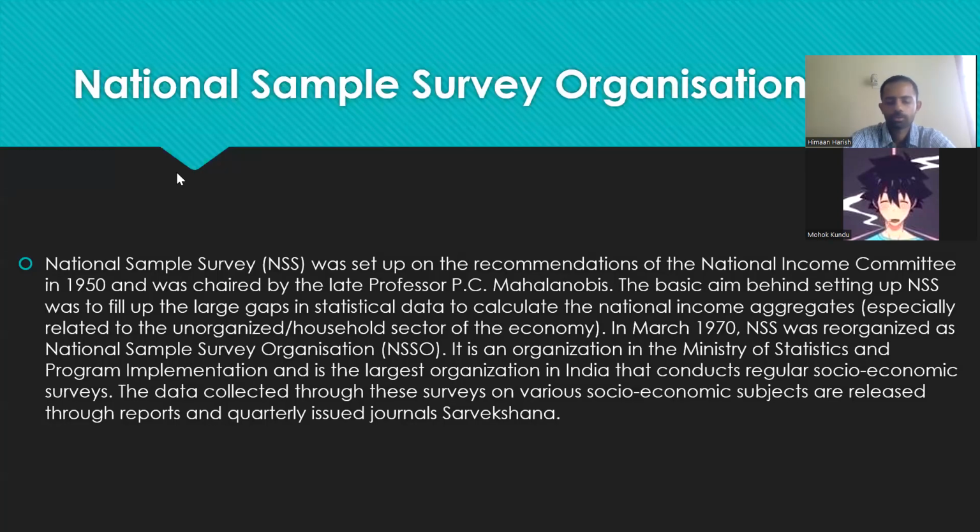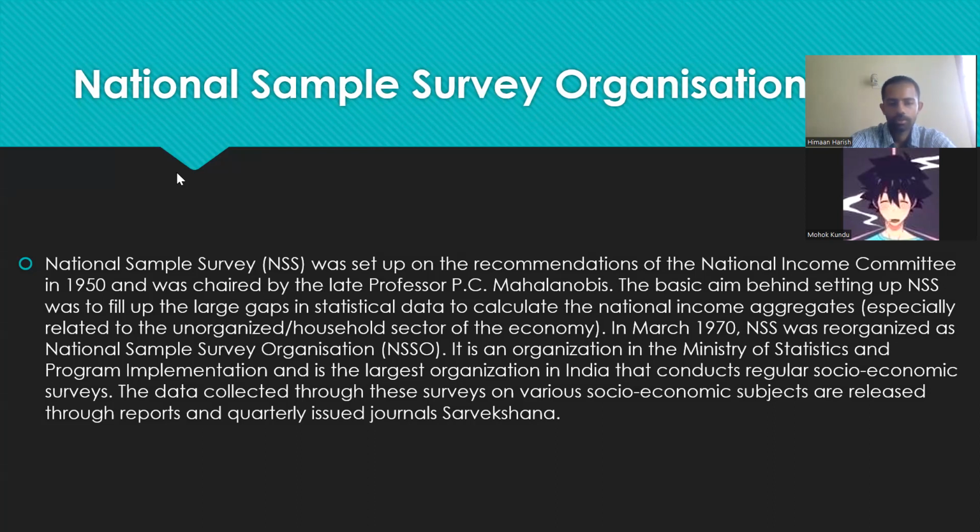So the professor was P.C. Mahalanobis, who set up the National Sample Survey in 1950. The basic aim behind setting it up was to fill the large gaps in statistical data to calculate the national income aggregates, especially related to the unorganized or household sector of the economy.